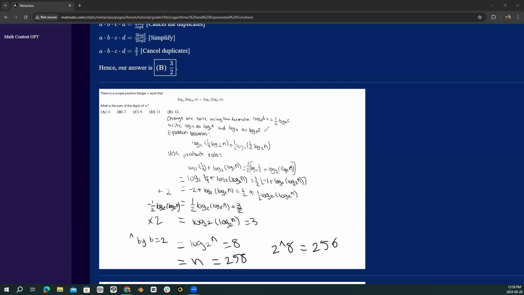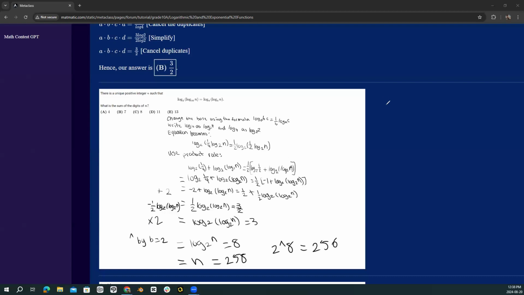I taught this in my last class. So we can convert everything to powers of 2.